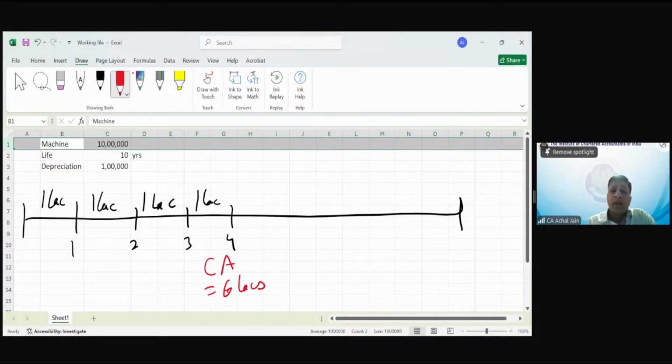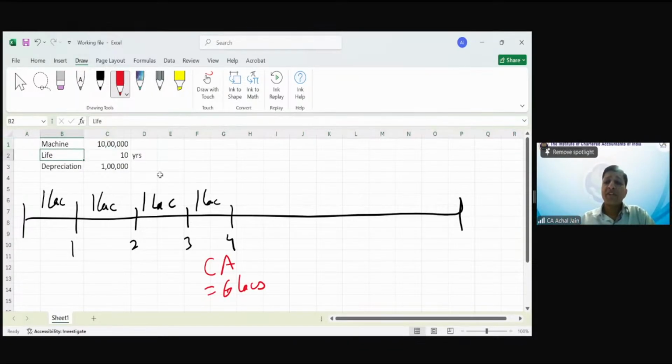Now, at the end of the 4th year, what is the remaining useful life of the machine? 6 years. Now, let's suppose at the end of the 4th year or beginning of the 5th year, the company has reassessed.